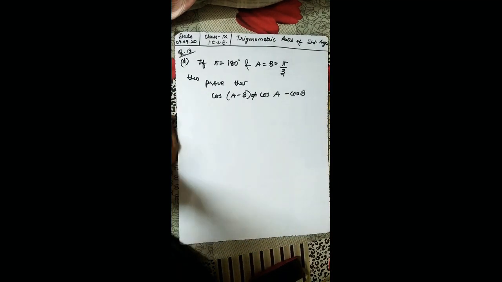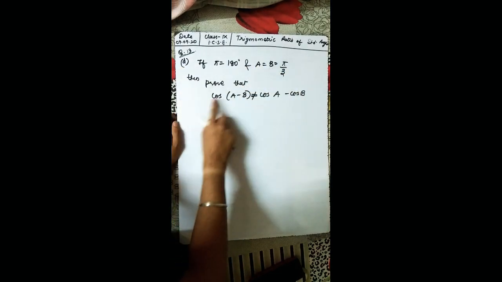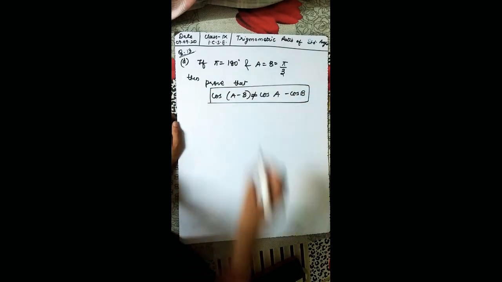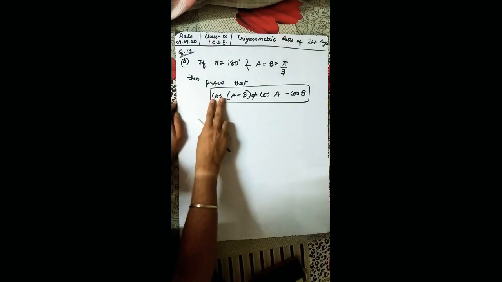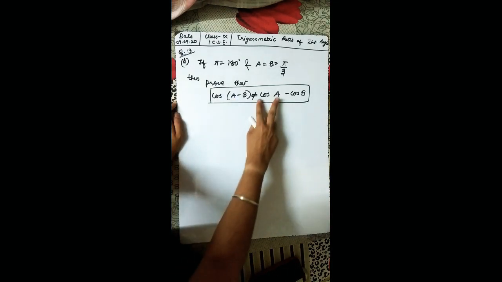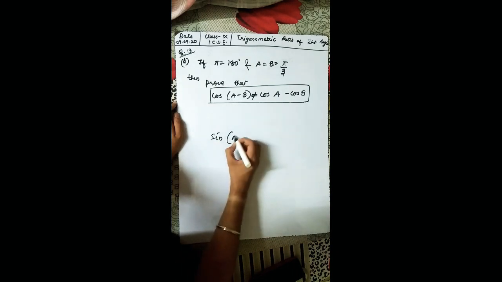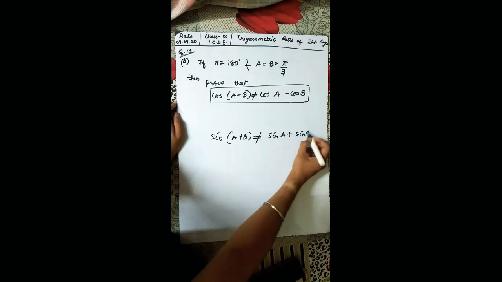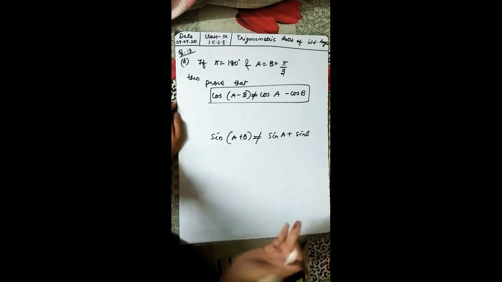Now we are given: if pi is equal to 180 degree and A equal to B equal to pi by 3, then prove that cos (A minus B) is not equal to cos A minus cos B. This is a very important result which you need to remember in trigonometry: you cannot multiply this cos inside the bracket to get cos A minus cos B. Similarly, sin (A plus B) doesn't mean sin A plus sin B, because it is a different function having different relations with the identities.